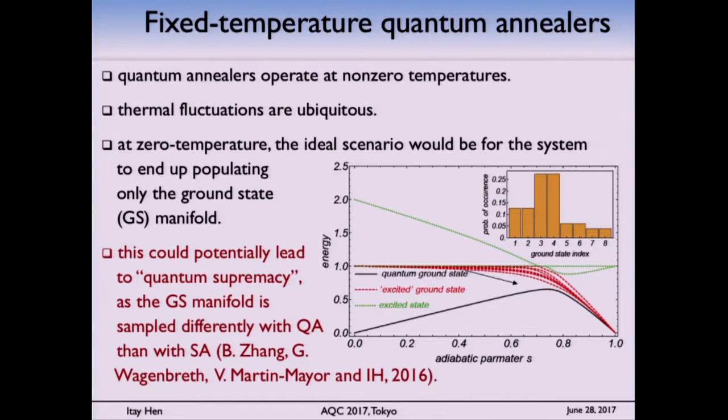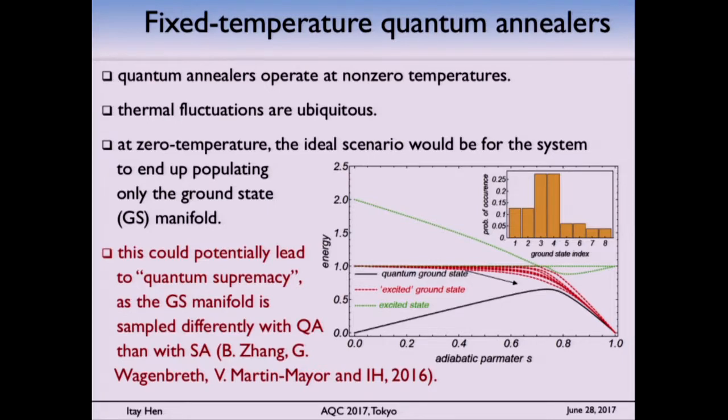And at zero temperature, of course, the quantum ground state, this right here, the black line, gives us a really unique quantum ground state, which is very different from what you would get normally. I guess the probabilities over the ground state manifold would be very different from the ones that you'd get with classical methods.